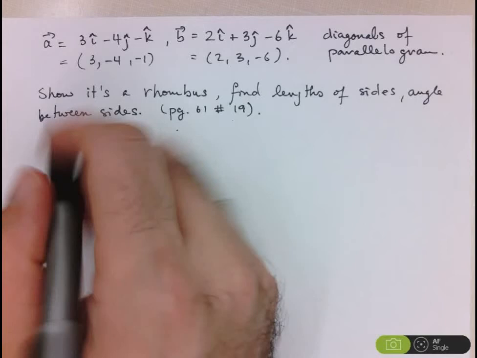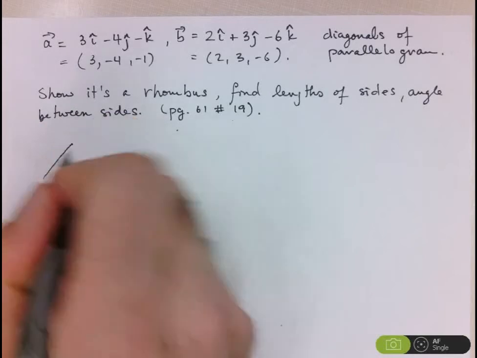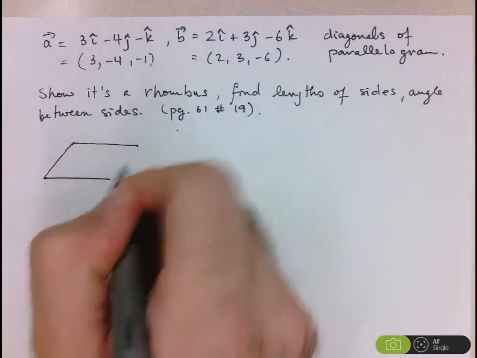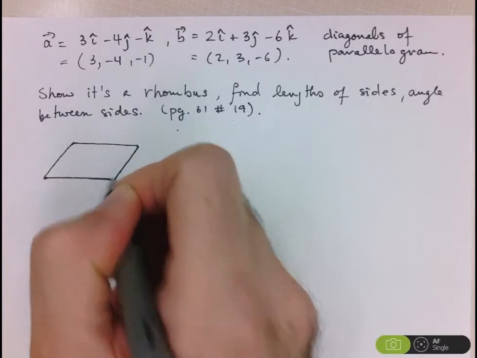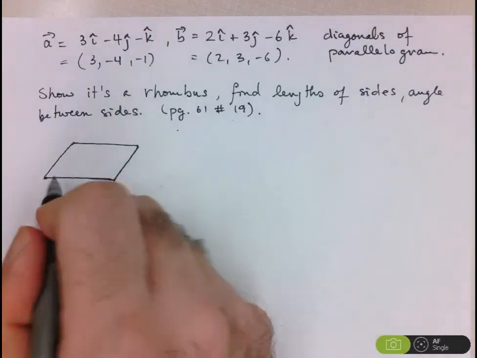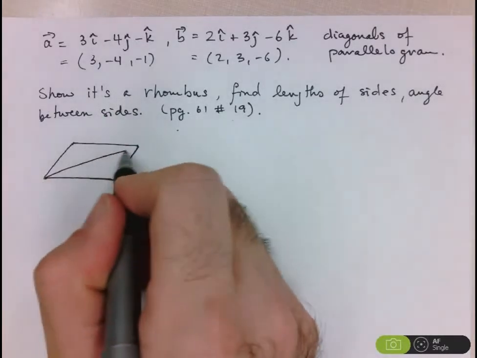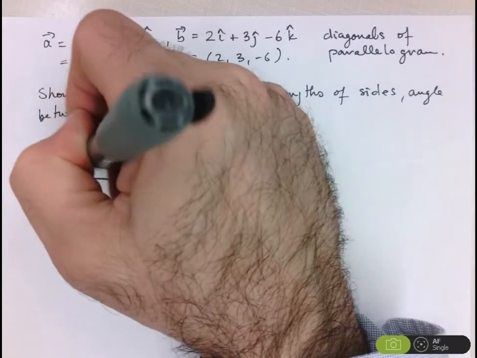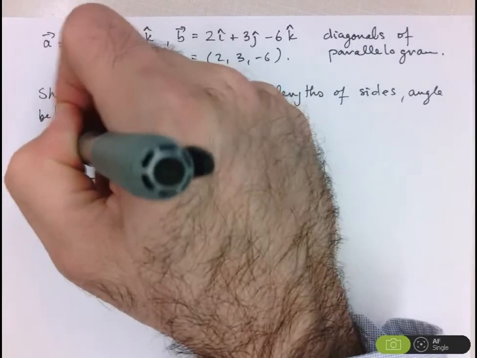So I've got some sort of parallelogram. And the vectors they're giving me here are actually the vectors of the diagonals. There's one vector, and there's another vector.